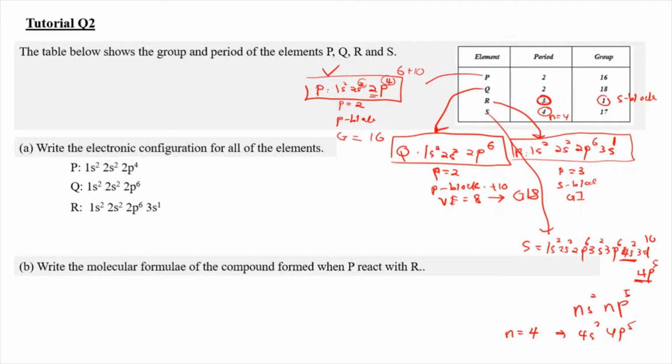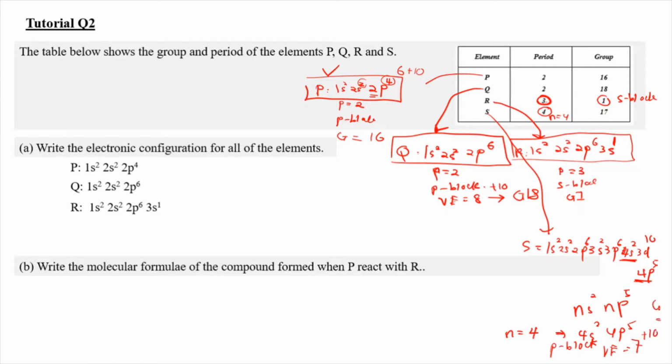And the 3d10 here is just a filled orbital. And this is the outermost orbital, which is 4s2 and 4p5. So we know that it is located in the p block. And then the number of valence electrons that we have is 2 plus 5, which becomes 7. And since it is located in the p block, it's going to add up with 10.